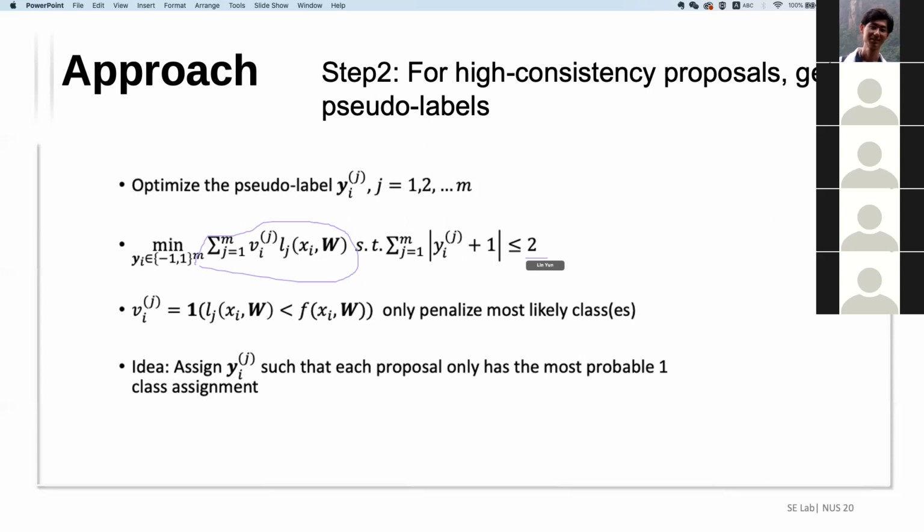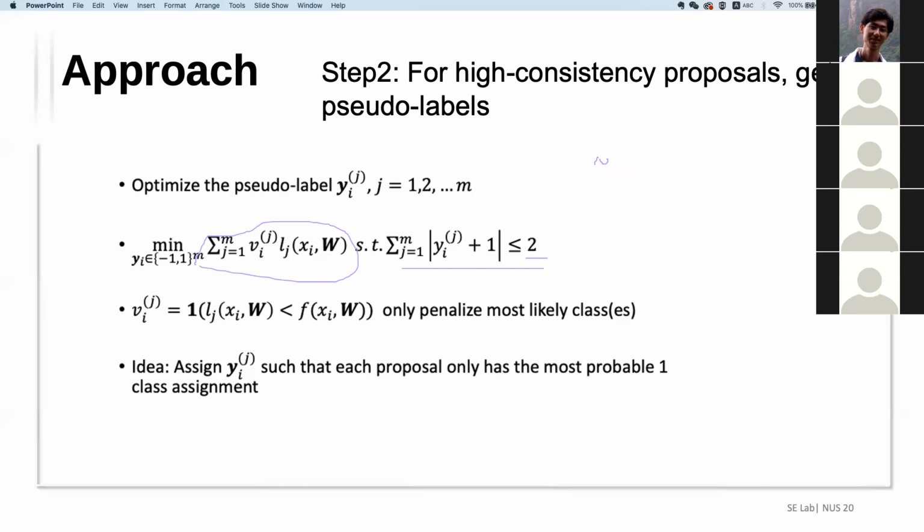And how can you interpret these equations? I have mentioned you just have one yij equal to 1, the others equal to -1. In other words, you only assign one class to that proposal. That's what the constraint means here. Because suppose we have 10 classes and two yij equal to 1, then your sum is larger than 2, right?